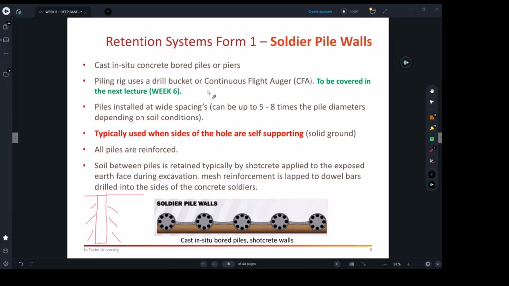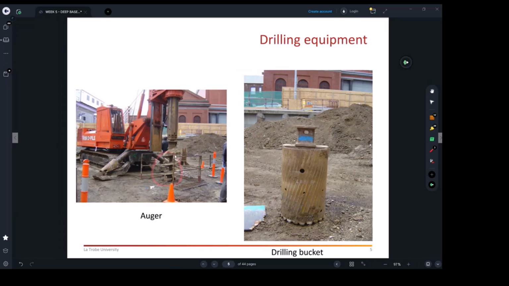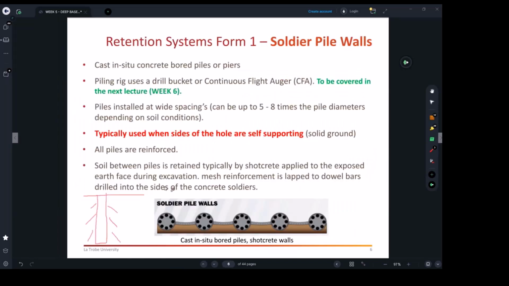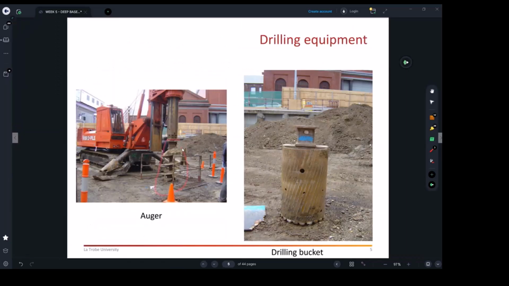So in this case, we use continuous flight auger. What does it mean? You will excavate, and there is a pump that will take the waste out. Before you start lifting up your auger, the excavator end, which is this one, out from the ground, you will start pouring concrete. So this acts as an excavator and a pump together.